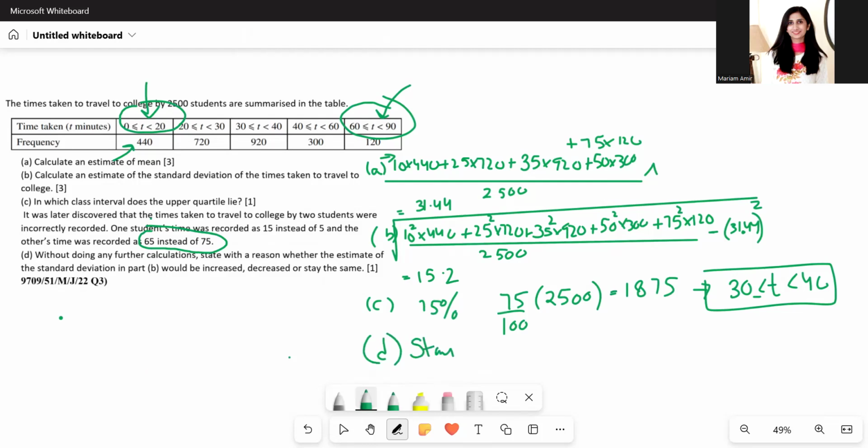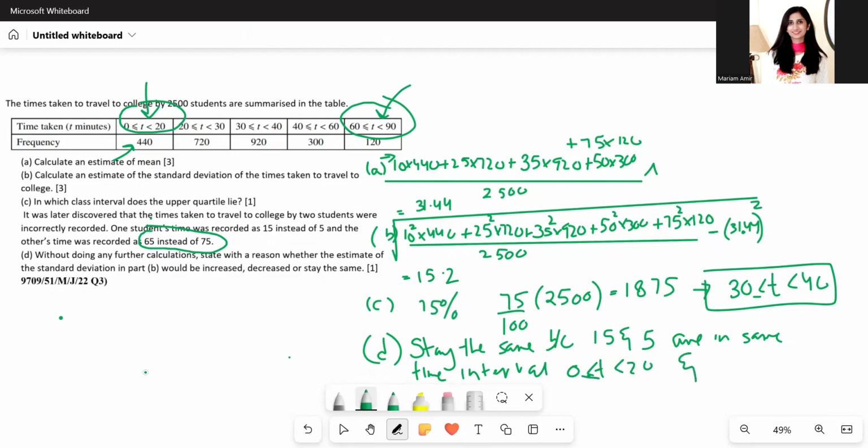It'll stay the same because 15 and 5 are in the same time interval, 0 to 20, and 65 and 75 are also in the same time interval, 60 to 90.